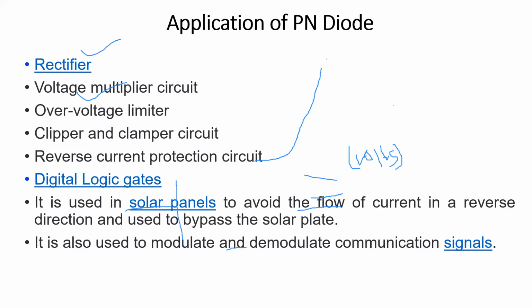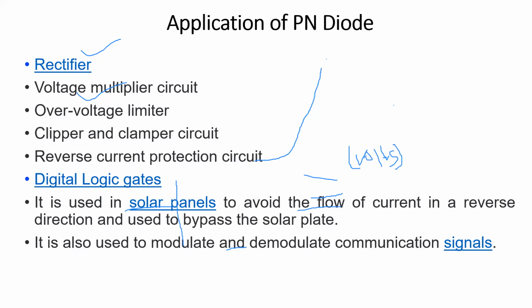Clipper and clamper circuits: how much voltage should be clipped or clamped. These are all the applications to be known for the PN junction diode: digital logic gates, solar panels, modulation and demodulation, AC to DC or DC to AC, adding with carrier waves.